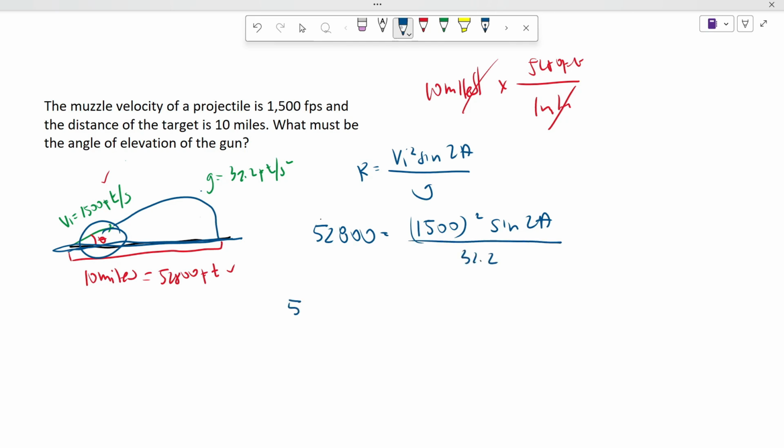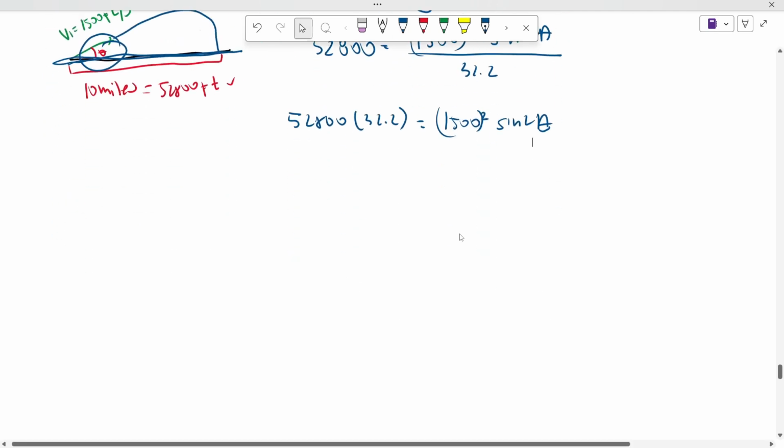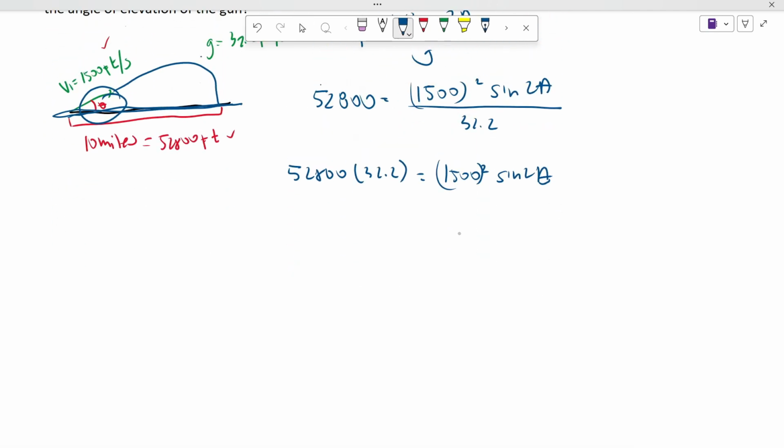So cross multiply: 52,800 times 32.2 is equal to 1,500 squared sine of 2 theta. Next, divide both sides by 1,500 squared.